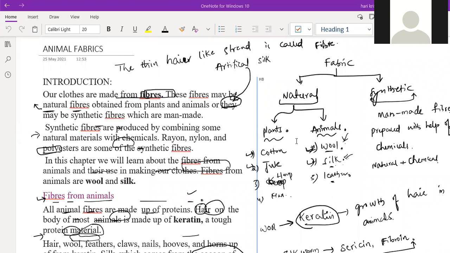So what are the different synthetic fibers? Sir, rayon, sir, and polymer.